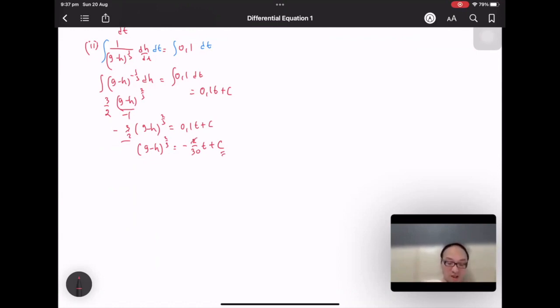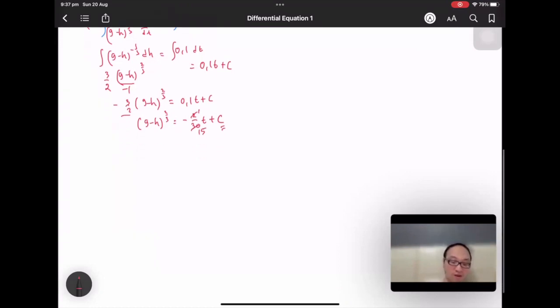I can simplify this to 1 over 15. So (9 minus h) to the power of 2/3 equals negative 1 over 15 t plus c.